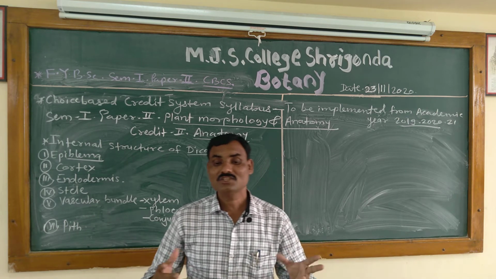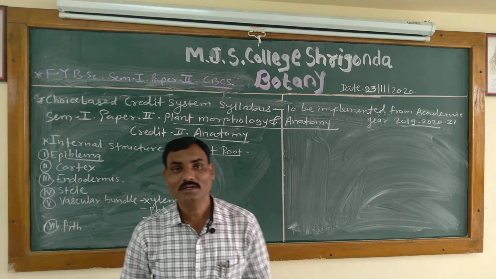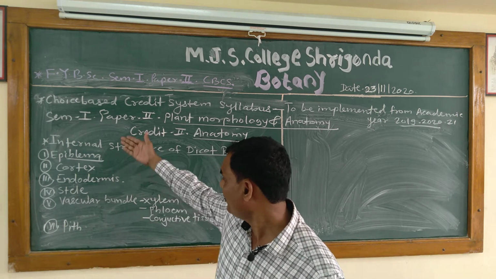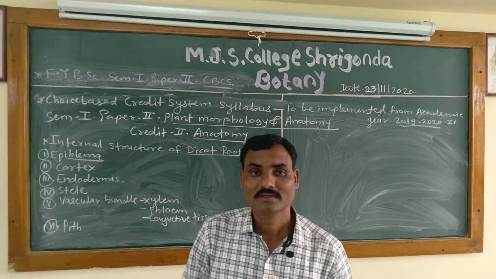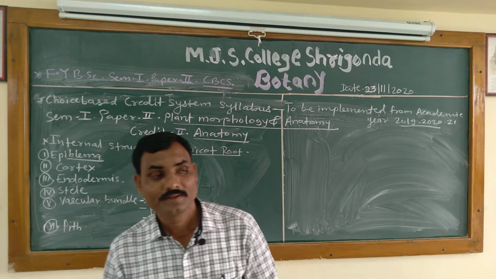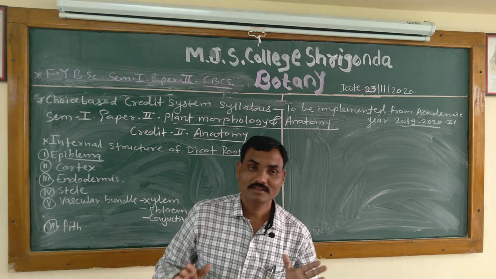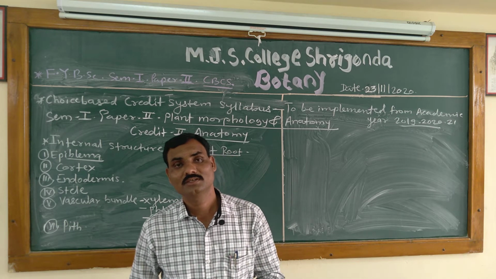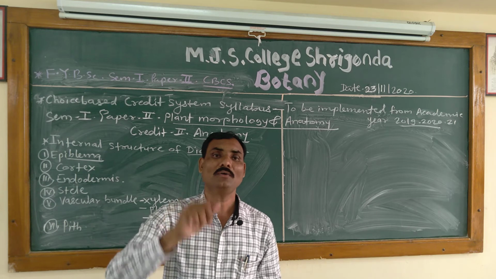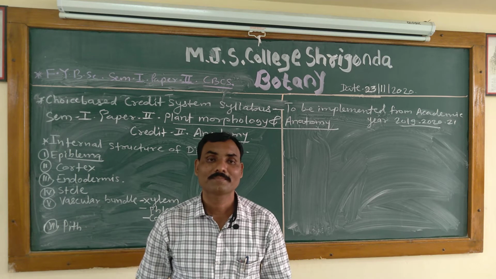Then what is the internal structure of dicot root, how it looks like, which are the different points that make up the internal structure? When we learn about the internal structure of dicot root, we are taking the example of sunflower.